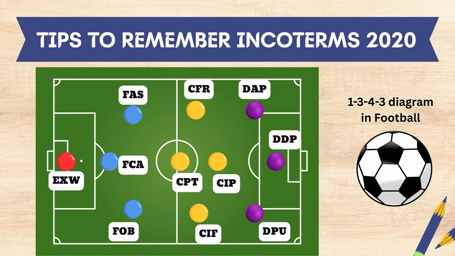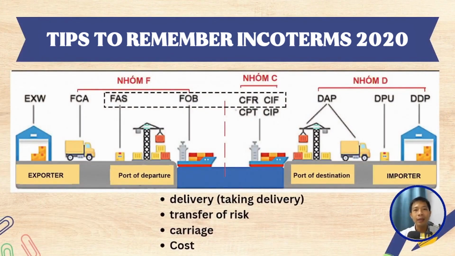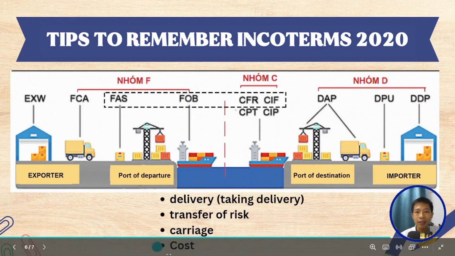So when you imagine a diagram in soccer, it becomes very easy to visualize each group and the number of Incoterms in each group. Okay, in the next section, we will delve into the details of each payment term, along with each clause, in the 4 main contents that we need to focus on here.